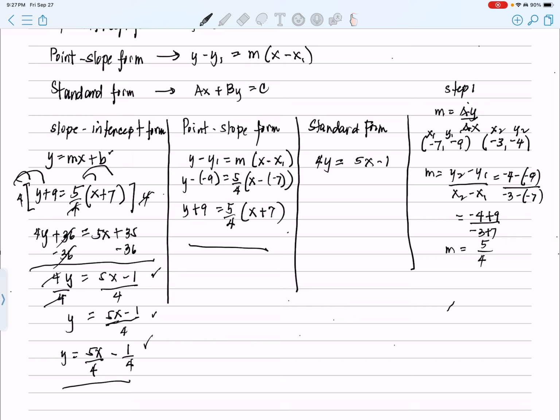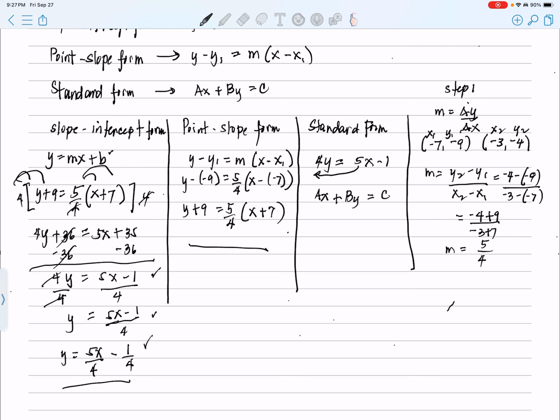All right. From here, you know, the standard form is Ax plus By equals C. That means the x and the y should be on the left side. Okay?